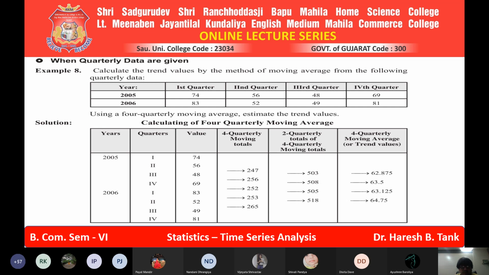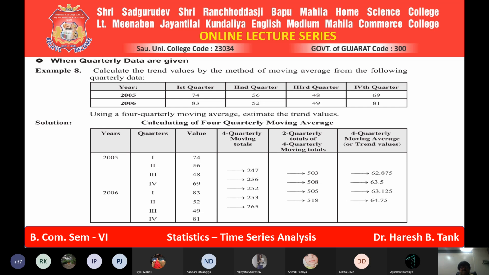Now the sum of 247 and 256 comes to 503. Okay, now skip the first one, 247 is to be skipped. Now make a bunch of 2. 256 plus 252 is 508. That is to be written in between 256 and 252, which comes against the fourth quarter of 2005.